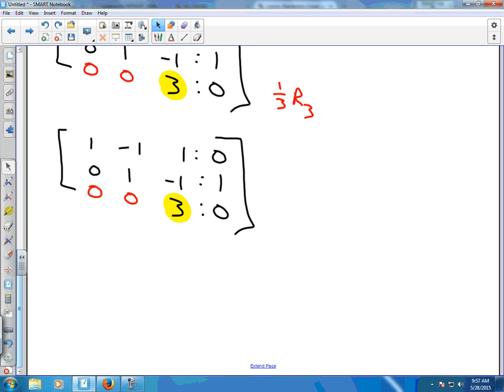So if we take that bottom row times 1/3, we get a 1 there. Everything else is 0, 0 times 2. So that's row echelon.